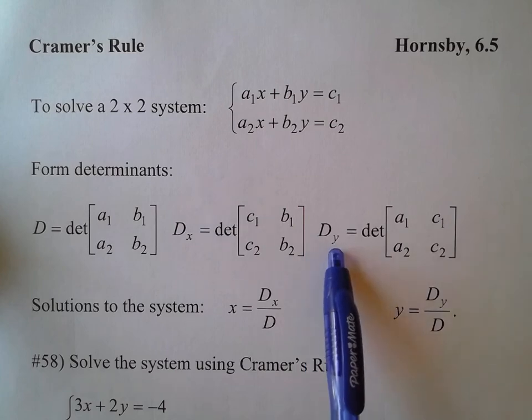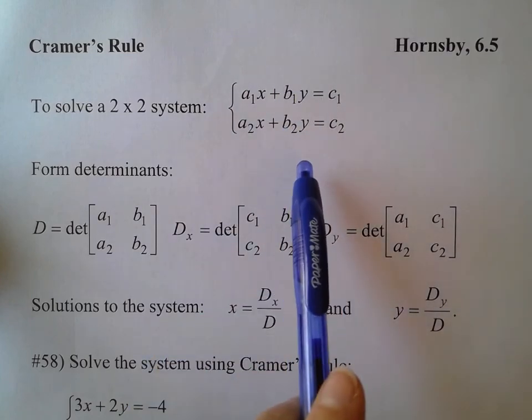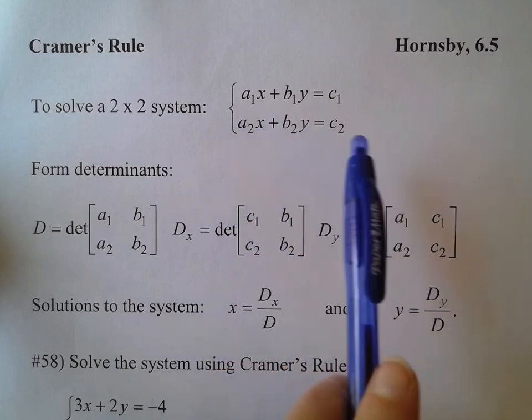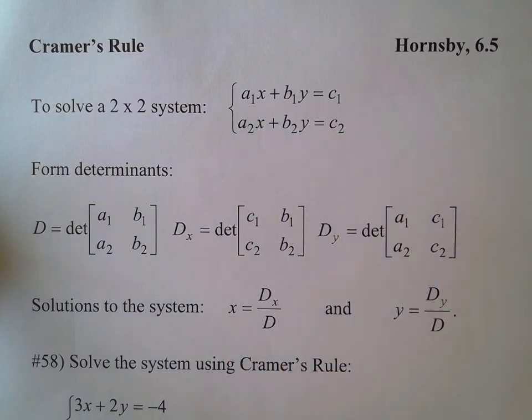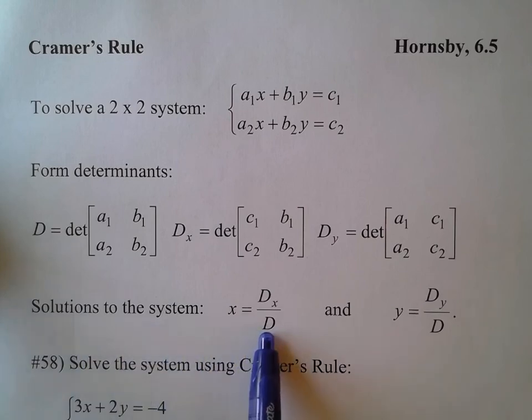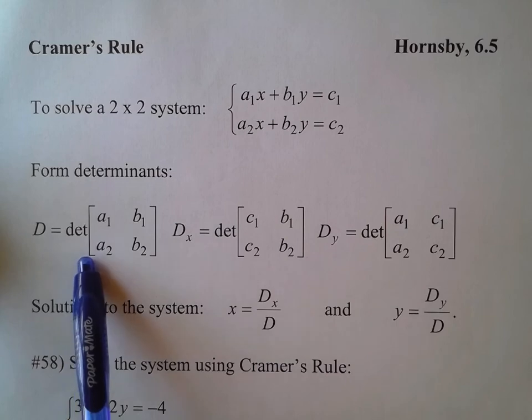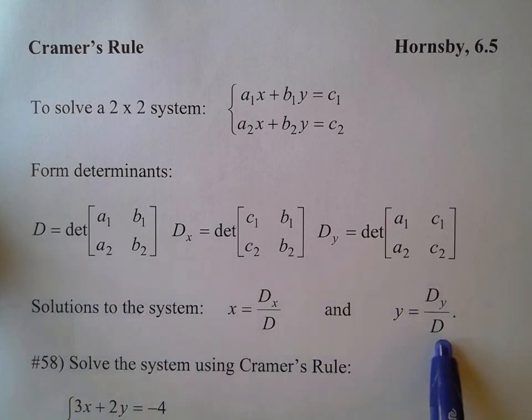And then the determinant with regards to y, we would delete the y, right, and just do A and C. Okay, so then the solutions look like this. The determinant with regard to x divided by the determinant of the coefficients, and likewise for y.